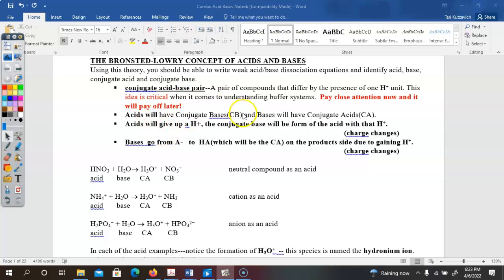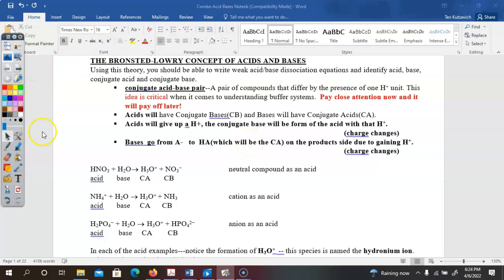So acids have conjugate bases and bases have conjugate acids. The acids and bases will be on one side and the conjugate acids and bases will be on the other side. Remember the definition, acids give up a proton, and the conjugate base forms on the other side. Bases go from A- to HA, which will be the conjugate acid.